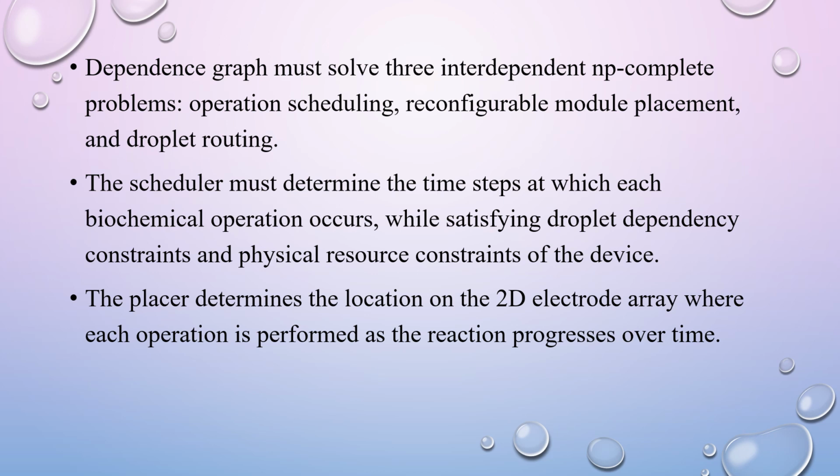The scheduler must determine the time steps at which each biochemical operation occurs, while satisfying droplet dependency constraints and physical resource constraints of the device. The placer determines the location on the 2D electrode array where each operation is performed as the reaction progresses over time.